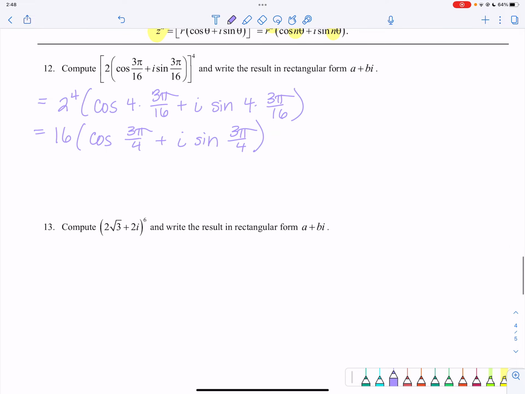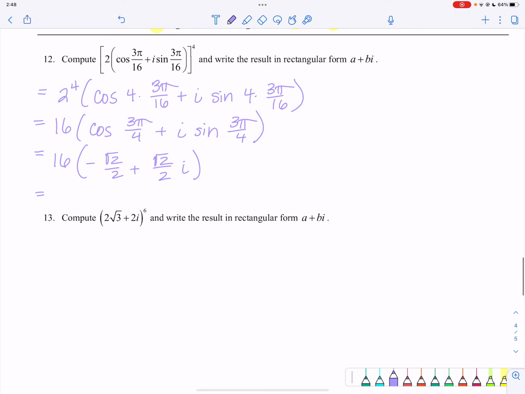And so we now have 16, and finding each of those, we have the opposite of root 2 over 2 plus I, we'll put the root 2 over 2 first, root 2 over 2 I. And that comes out to the opposite of 8 root 2 plus 8 root 2 I.